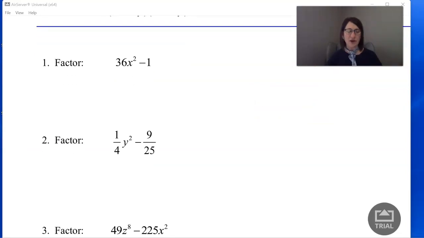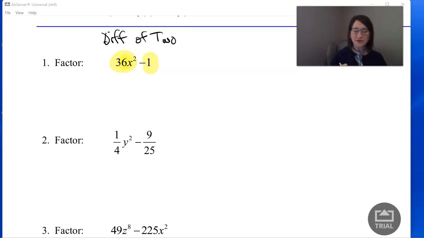All right, so this is easy to do. 36x squared minus 1. I see that I have a perfect square. And don't forget, people forget, 1 is a perfect square. 1 times 1 equals 1. Because I have subtraction, this is an example of the difference of two squares.